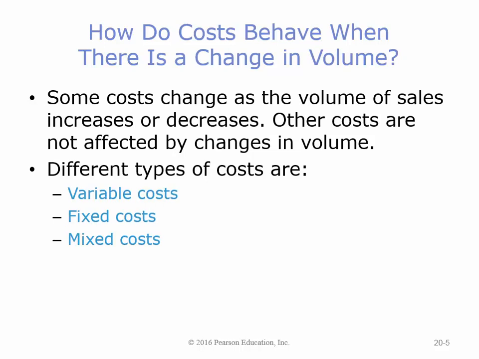So there may be some mixed relationship, some fixed component plus some variable component. Okay? So in my mind, this is an incredibly important concept when we're trying to understand how we make money and how we don't make money in business.